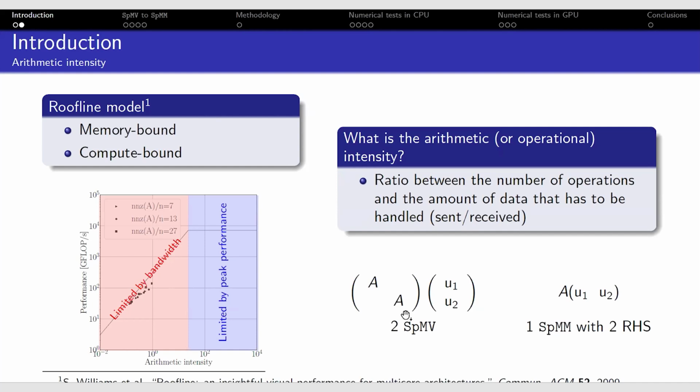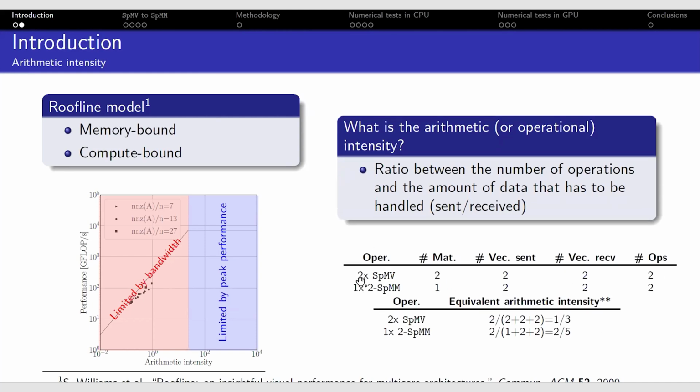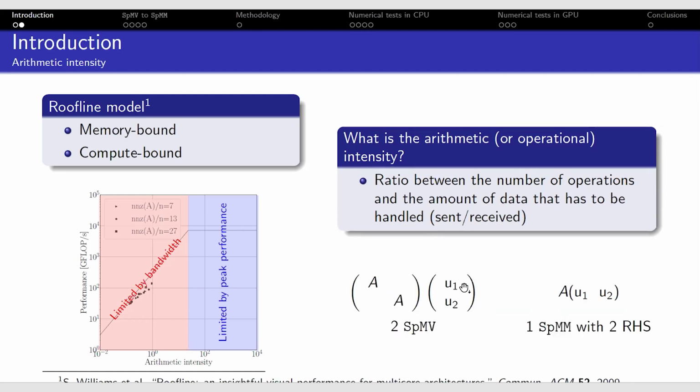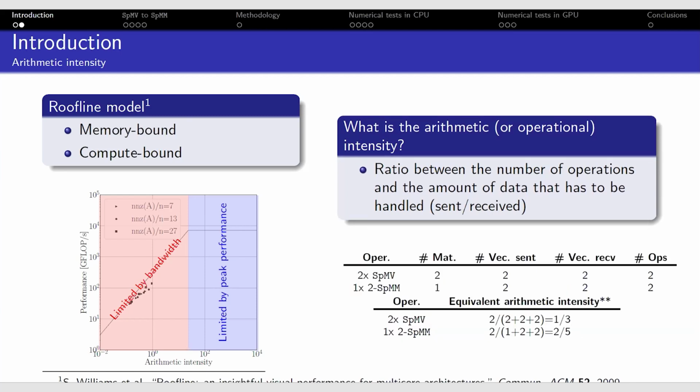What we can see here is that while the two sparse matrix vector products have to send the matrix twice, as we can see in this case, and have to send and receive two vectors and do two operations, in the two right-hand side sparse matrix product we have just one matrix to send, while we still have two vectors to send, two vectors to receive, and two operations to perform.